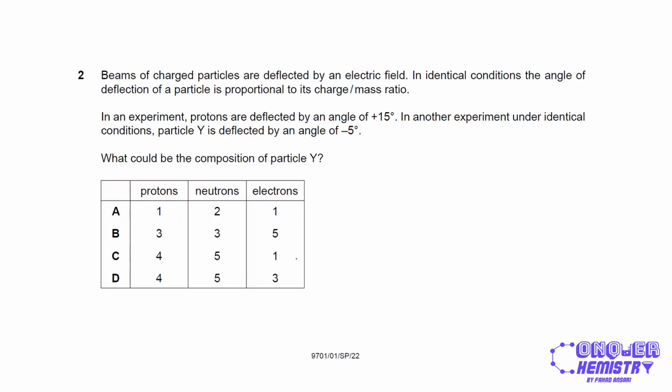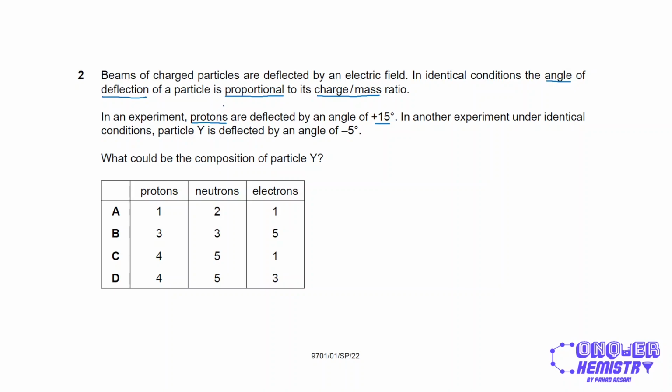In question 2, it says that in identical conditions, the angle of deflection of a particle is proportional to the charge to mass ratio. So over here it says that in an experiment, protons are deflected by an angle of positive 15 degrees.